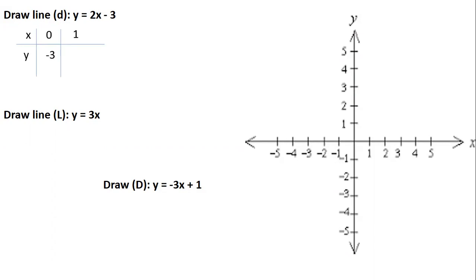Minus 1. Bravo. If x is equal to 0, y will be minus 3. So the first point is where we put the red x. If x is equal to 1, y will be minus 1. So 1 and minus 1 meet here. This x here, the first x and the second x, I join them, I connect them, and I get straight line D. This is how we locate the first straight line.